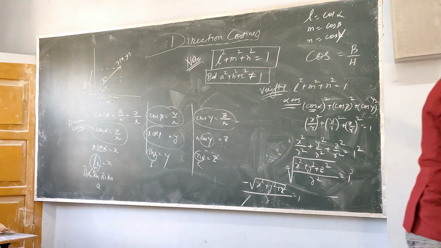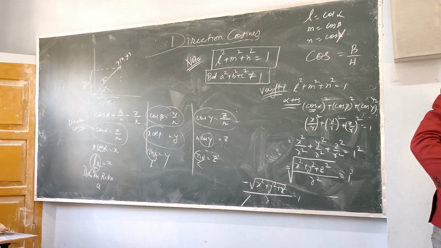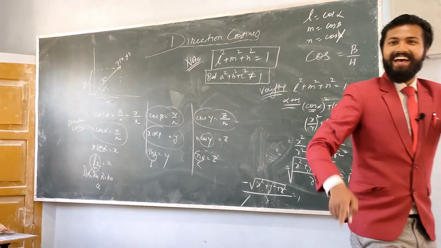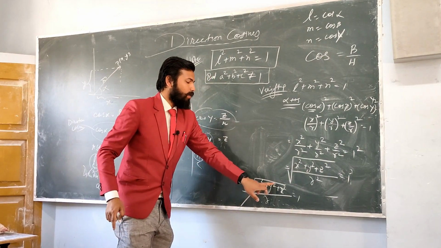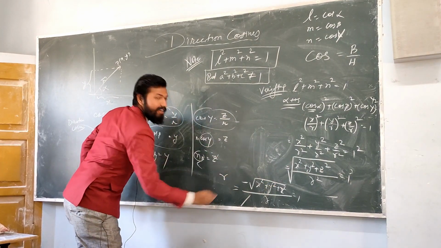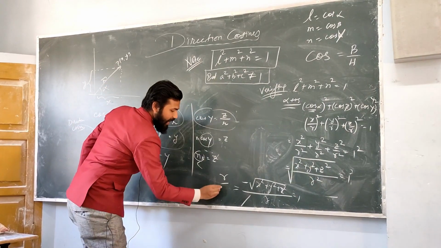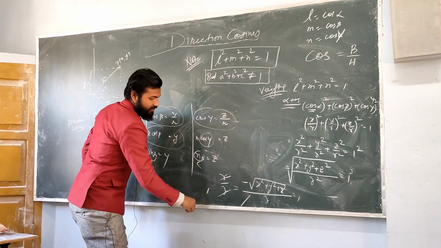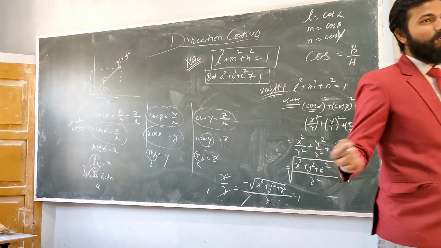Just now we got it, no? I told you just now. This one, OP. OP is what? Resultant, r, no? OP is r only. So in place of this root x square plus y square plus z square, can I write r? r only, the resultant magnitude. r by r is what? Proved. r by r is 1.